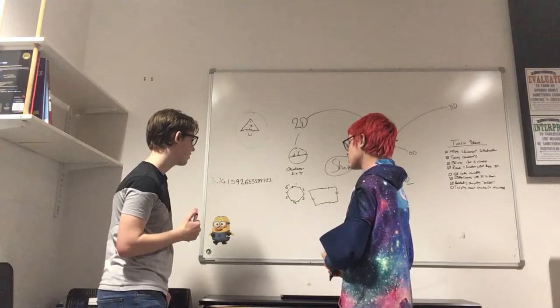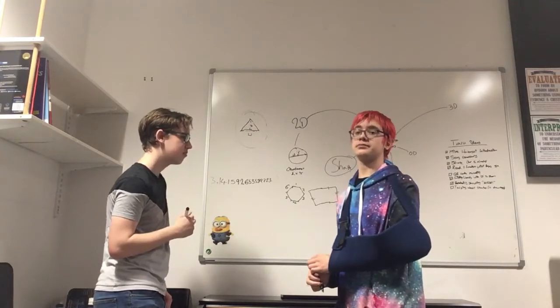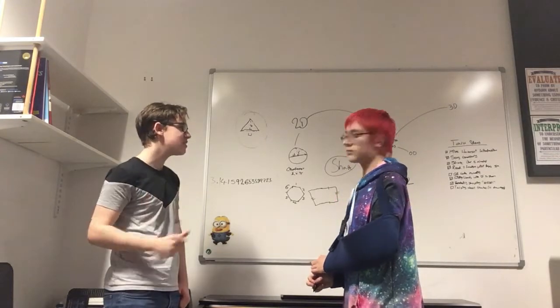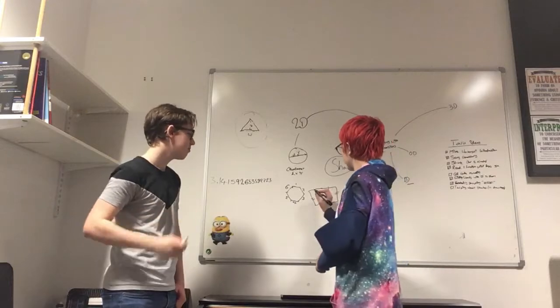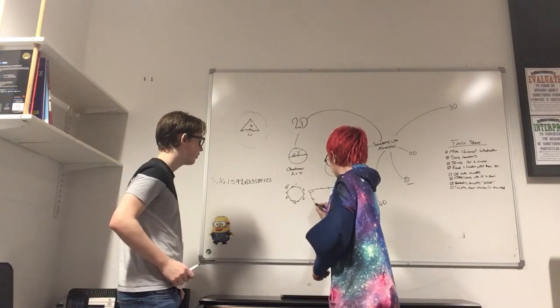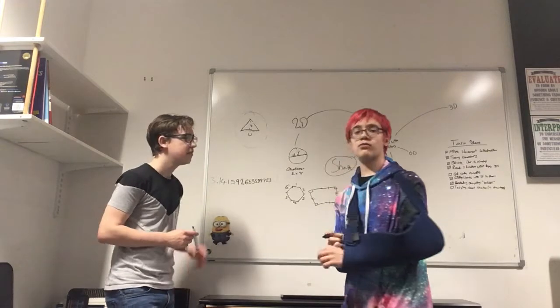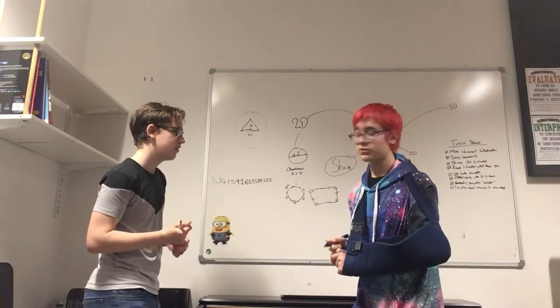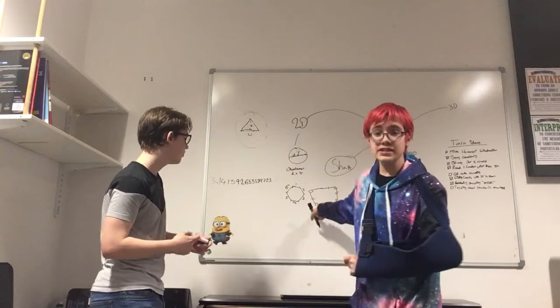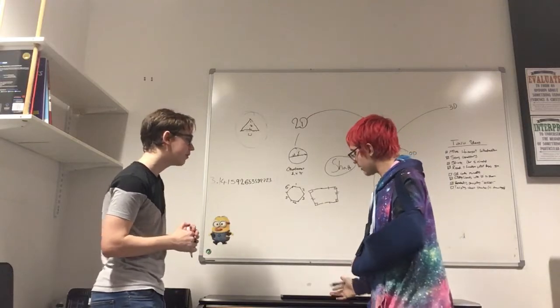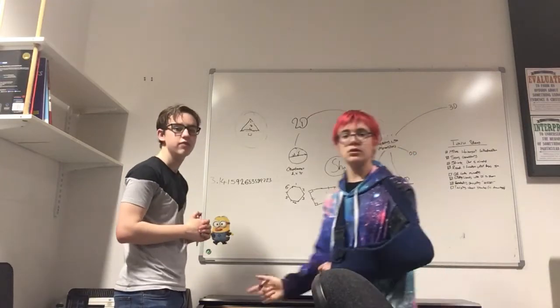What is the sum of the internal angles in a square? 360 degrees. Yeah, because as we mentioned before, this little thing we're drawing in the corner, a little square, has 90 degrees in each corner. They're all the same angle.